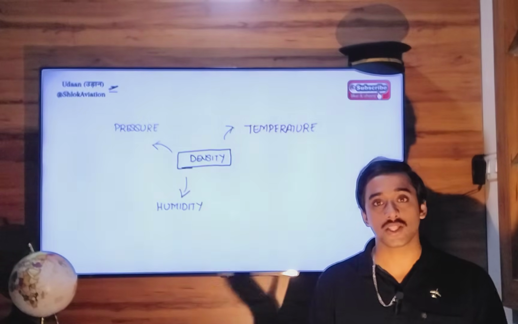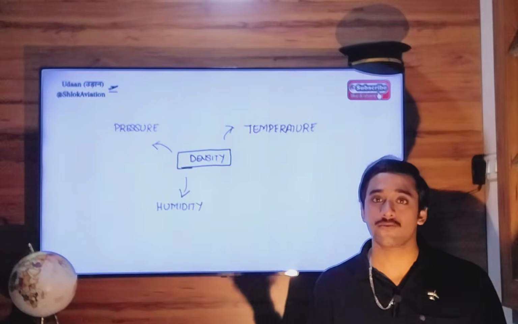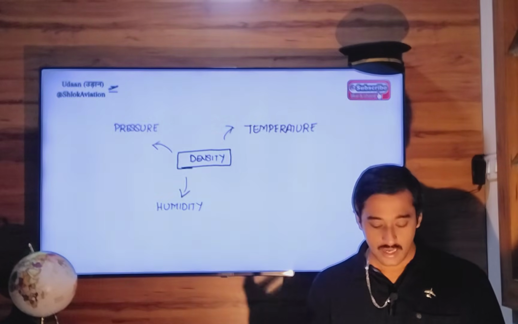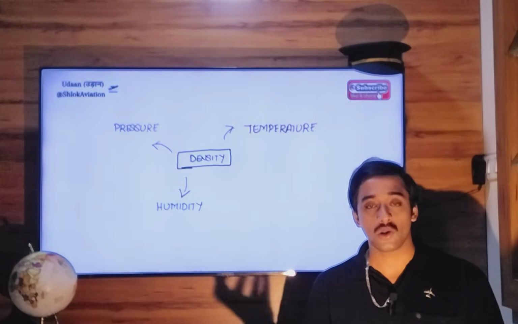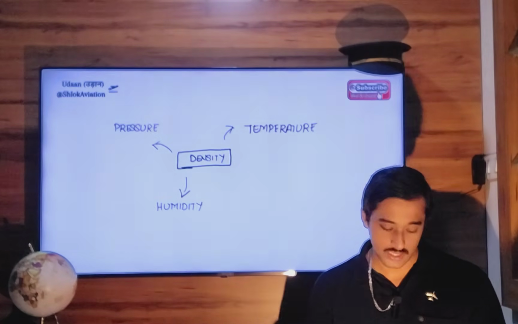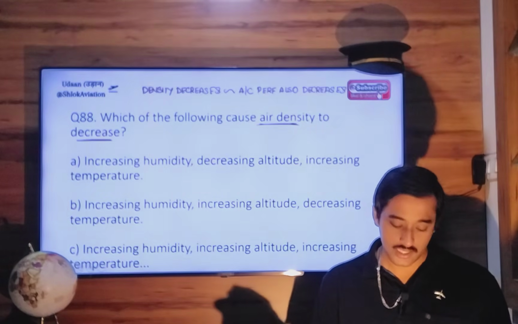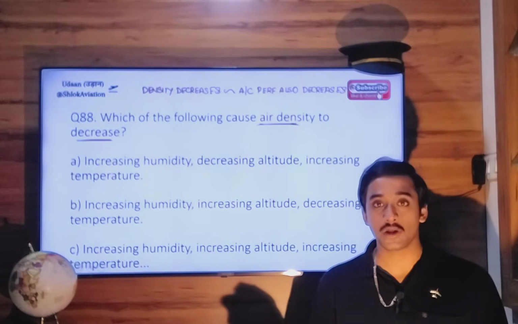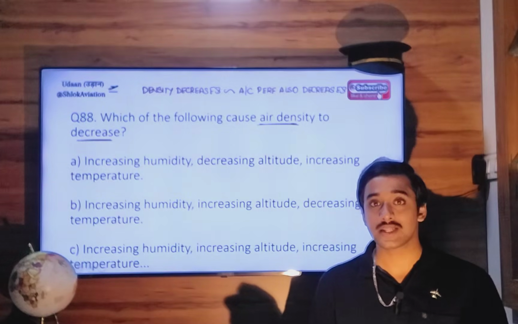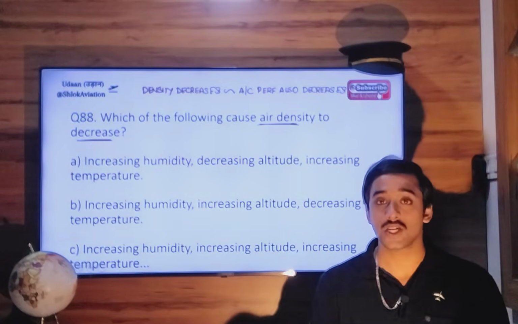Similarly, warm temperatures decrease density. So hot temperatures are bad for your aircraft performance. Pressure. Low pressures, low density. So low atmospheric pressures are also bad for your aircraft performance. So which of the following cause air density to decrease? Read the word carefully. Density to decrease. If they ask you density altitude to decrease, the concept changes.